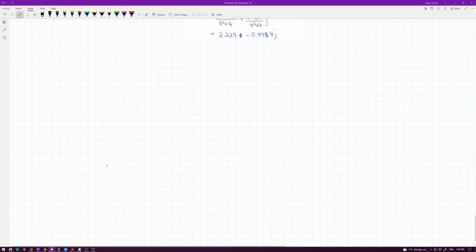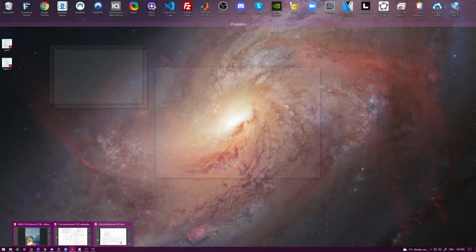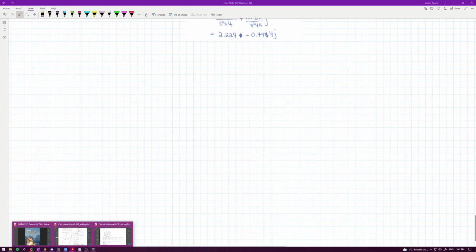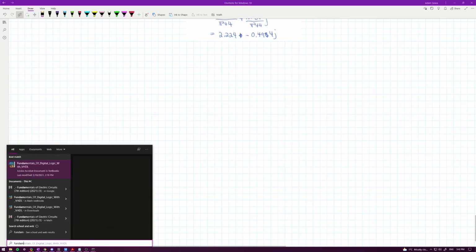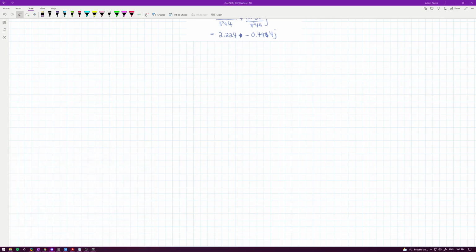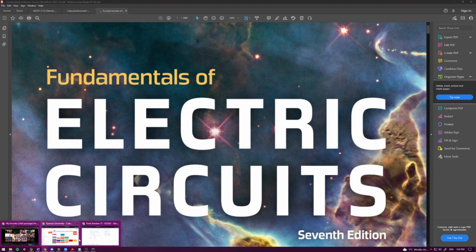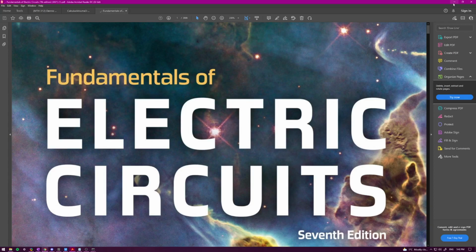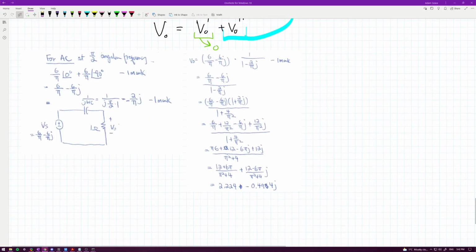Let's see if that's any better. I gotta find Fundamentals of Electric Circuits. By the way, what was the answer for that? 2 point... there. Okay. Good.